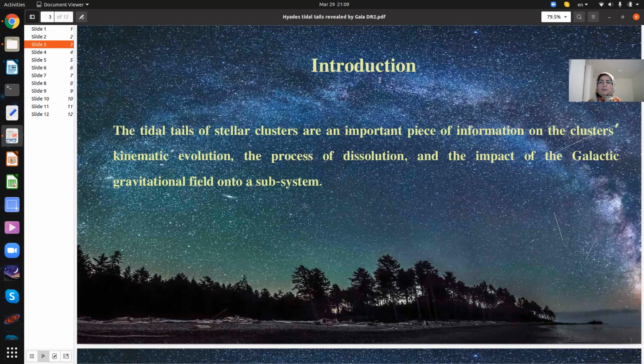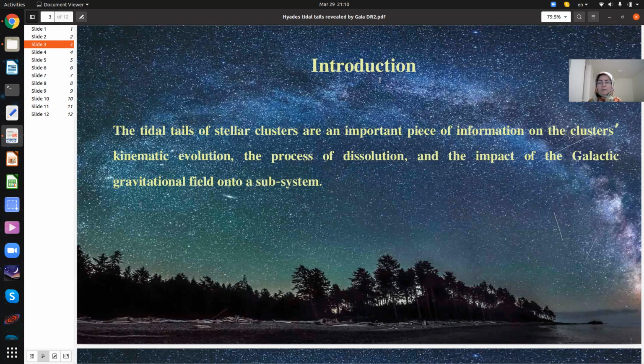Maybe I can ask, what about the open clusters? About open clusters, until now, no one has detected any tidal tails related to open clusters. The reason is that open clusters are mostly in the galactic disk, and in the galactic disk we have a background of field stars, so maybe we cannot detect them easily.